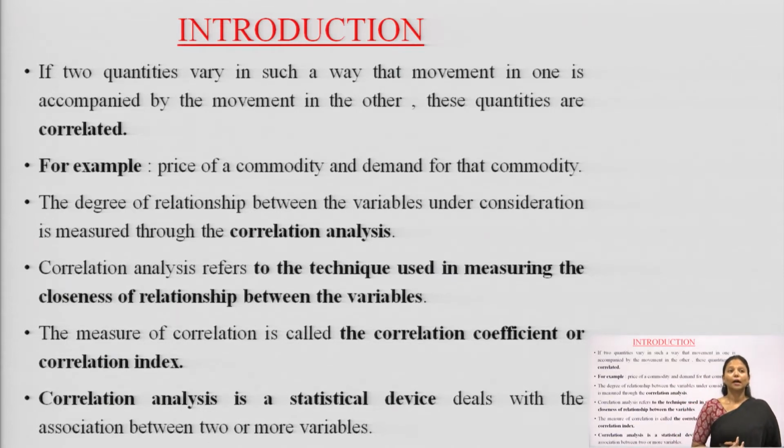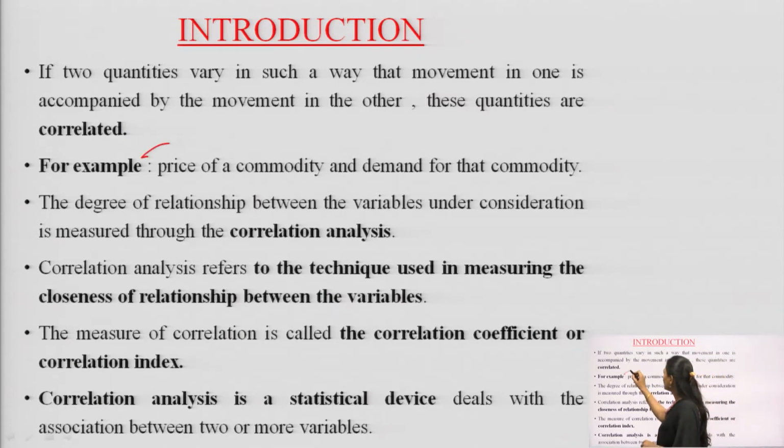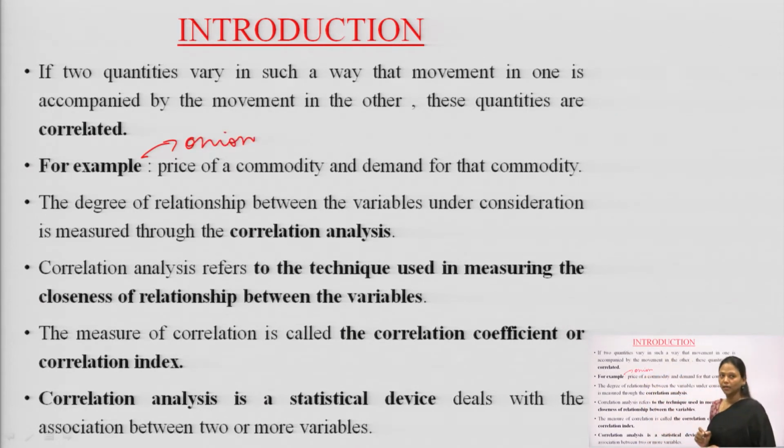So, if two quantities vary in such a way that the movement in one is accompanied by the movement of another, these quantities are called correlated. For example, the price of a commodity and the demand of the commodity. If we take an example of a commodity like onion, a simple commodity which every house is buying.